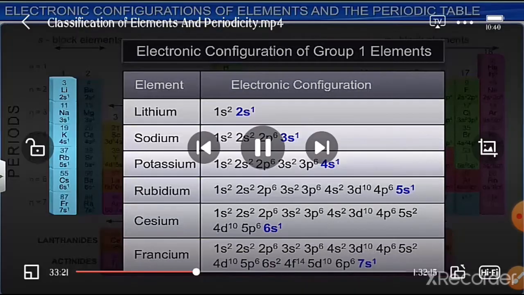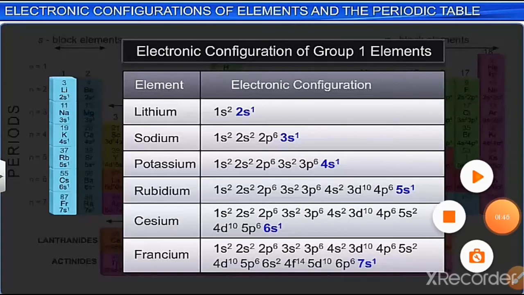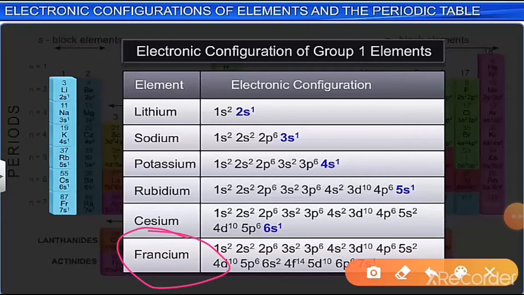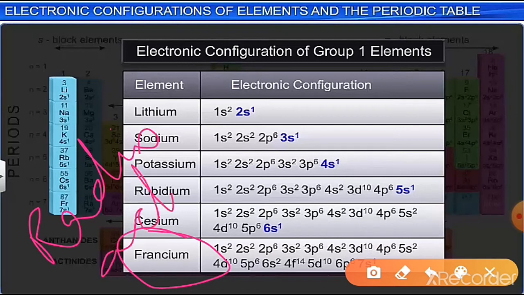Francium is a radioactive element, so we don't know much about its properties because radioactive elements are highly reactive and spontaneously emit harmful radiations. So the majority of the properties of francium are not known to us, but we are aware of the properties of the rest of the elements, and we'll talk with reference to these elements.